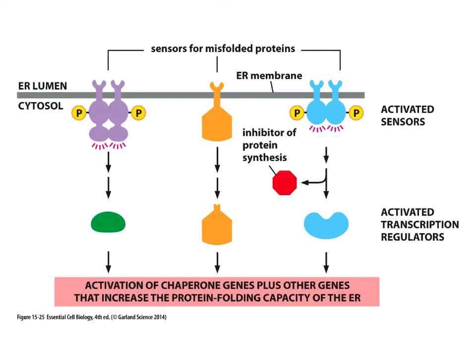This leads to the generation of further endoplasmic reticulum by growing in size, as well as the generation of more chaperone proteins and also the production of other proteins designed to clear the lumen of the endoplasmic reticulum. In some cases, as this diagram shows, the system can also produce proteins which inhibit further protein synthesis. So the response is quite paramount.